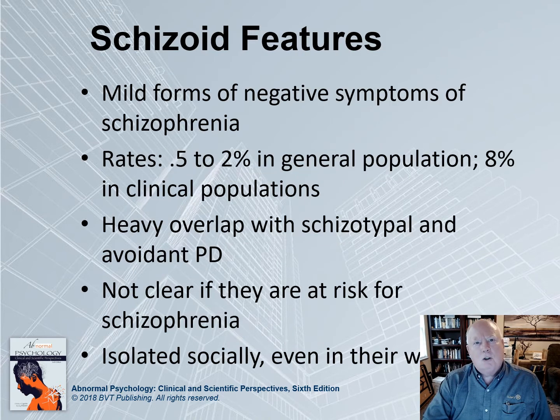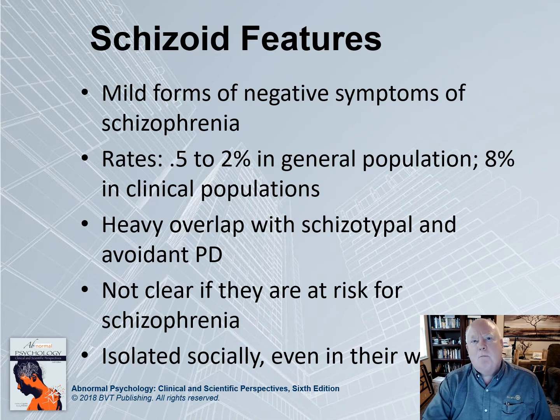People with schizoid personality disorder tend to show mild forms of what we call the negative symptoms of schizophrenia. We're going to talk about this later, so I'm going to be very brief here. Negative symptoms are absence of characteristics that should be there in a healthy individual.